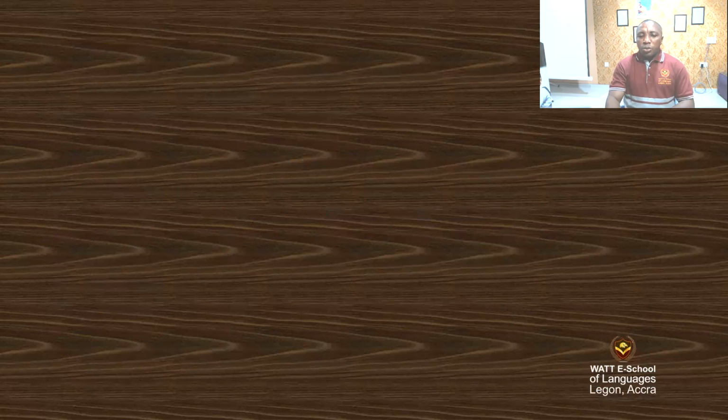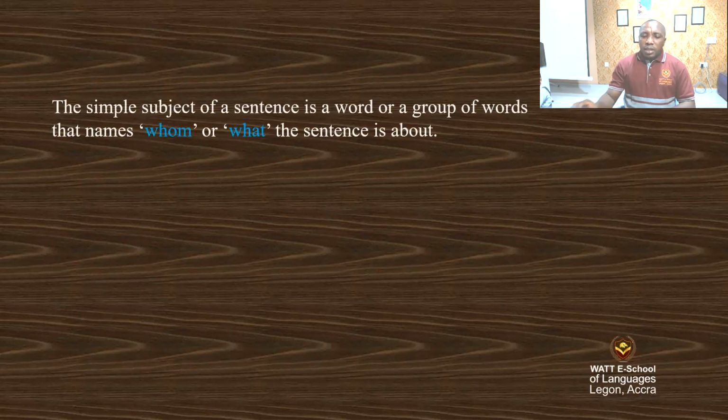Now let's continue with what is the simple subject of a sentence. The simple subject of a sentence is a word or a group of words that names whom or what the sentence is about.